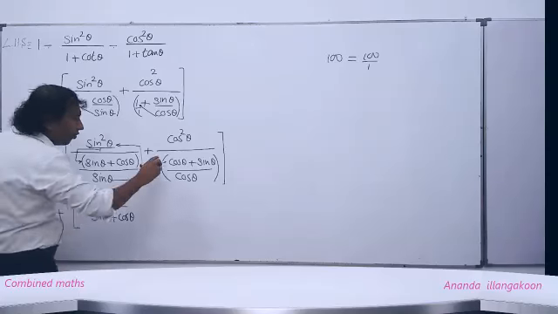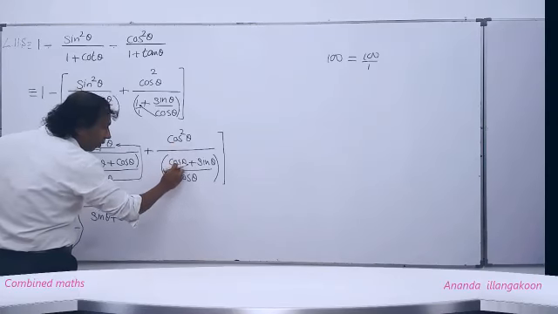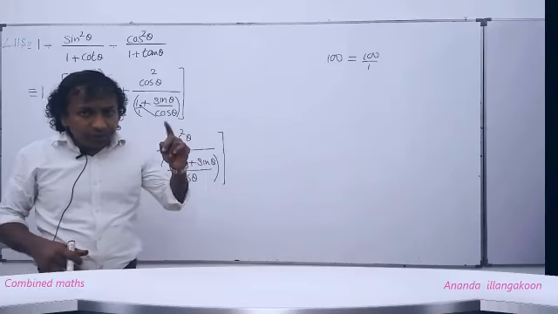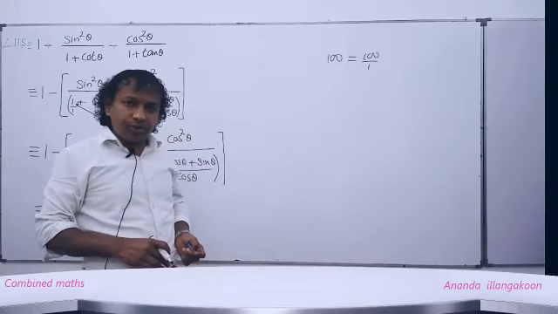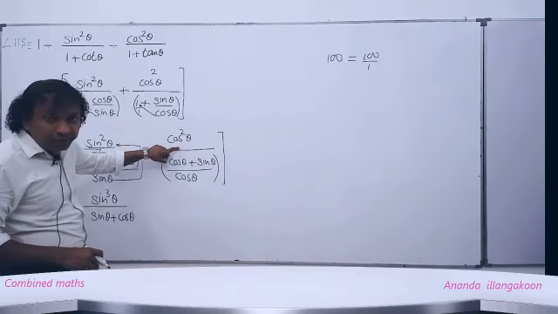And here also the same thing we can do. Here this cos square theta has 1, that 1 comes here and multiplies with this. This is cos theta plus sin theta. Cos theta plus sin theta means, people, sin theta plus cos theta. Understand? That one should be multiplied by this 1 below this cos square theta.